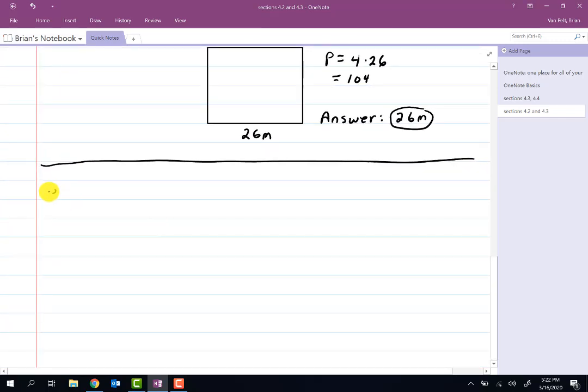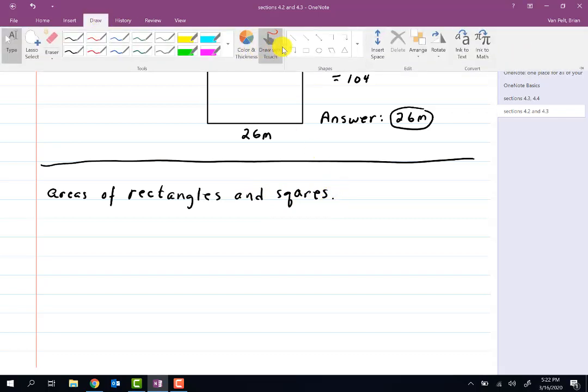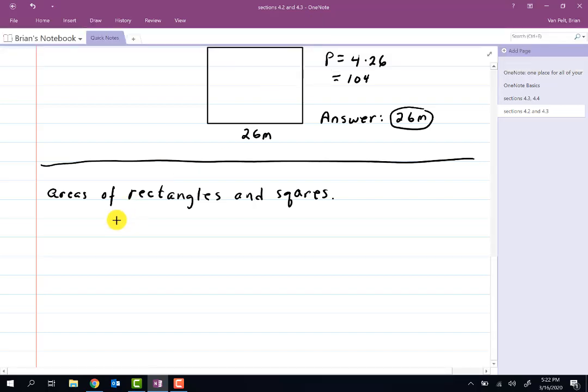For areas, we have the same formula for both. So let me go ahead and draw in a rectangle. So I might have an L and a W here, or a square.